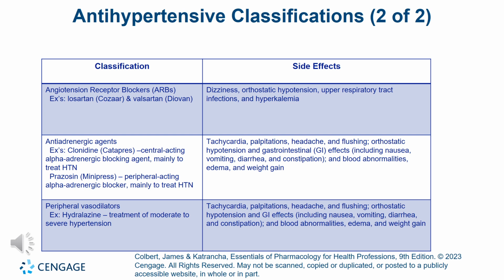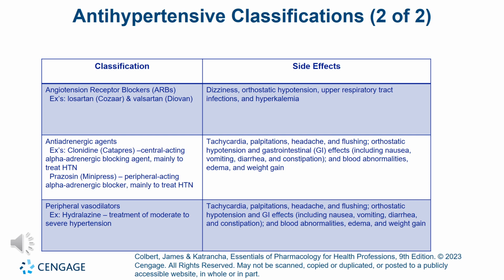Anti-adrenergic agents, an example of these is clonidine or Catapres. These are central-acting alpha adrenergic blocking agents. They're mainly used to treat hypertension. They also can be used in various other conditions. Prazosin or Minipress is a peripheral-acting alpha adrenergic blocker.